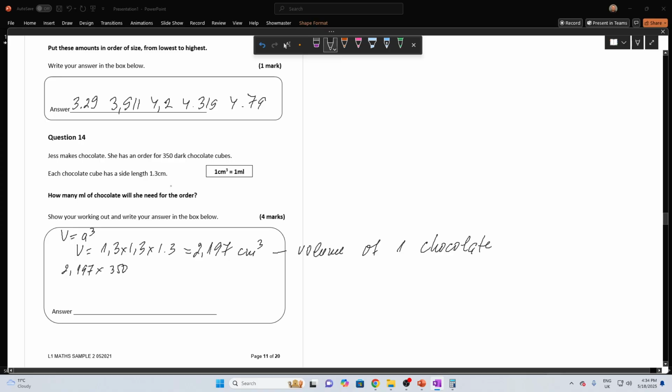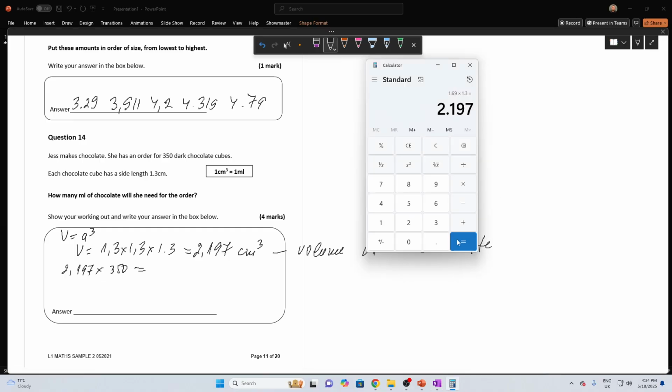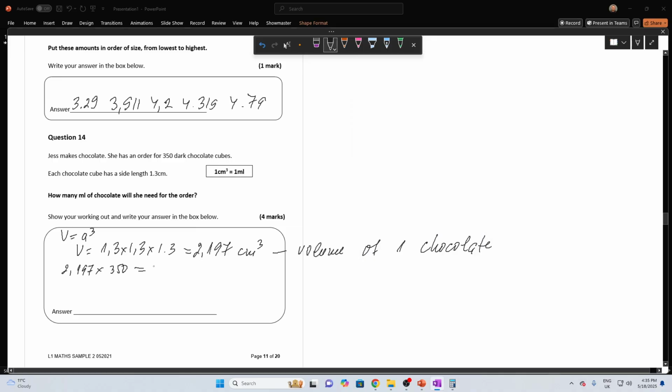And now I need to find for 350. So 2.197 multiplied by 350, and I'm going to have 768.95 centimeter cube.